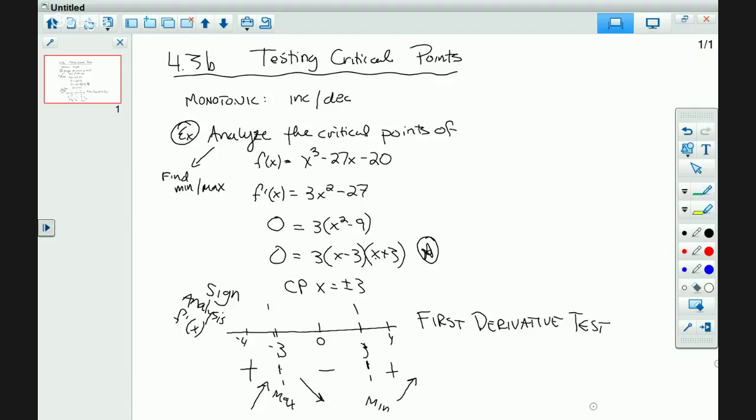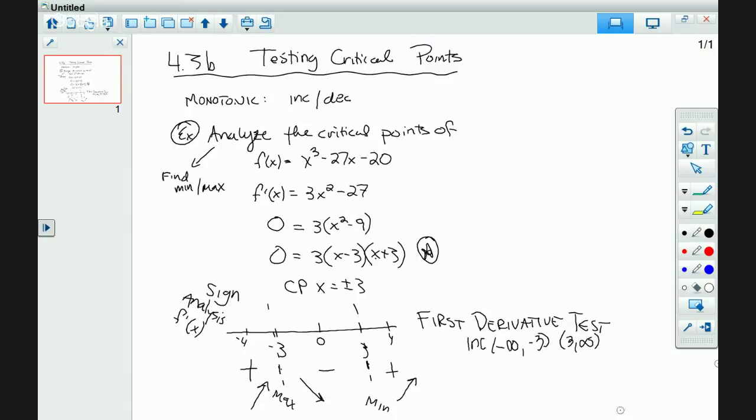I could also tack on there, where is the function increasing? That's where the derivative is positive, right?